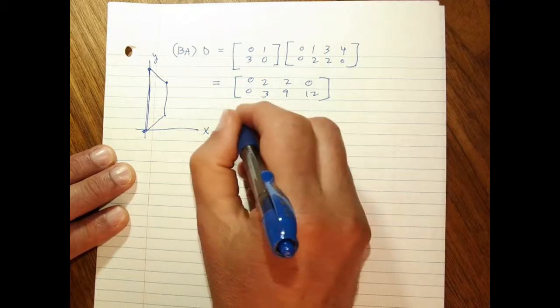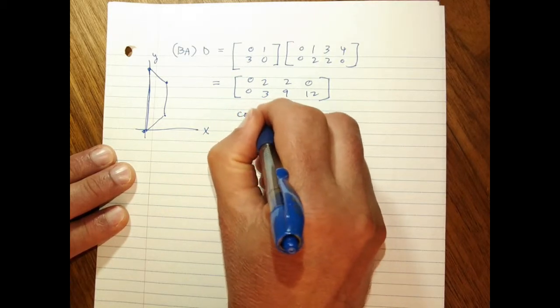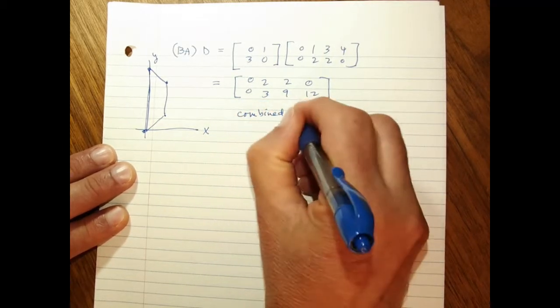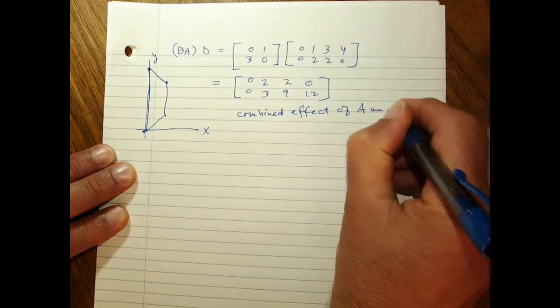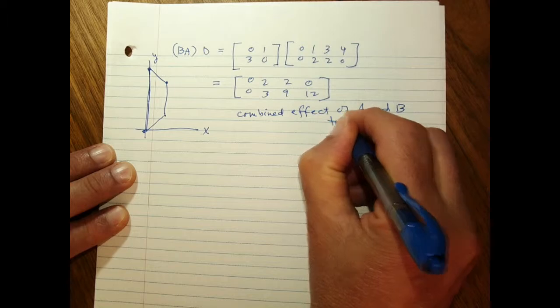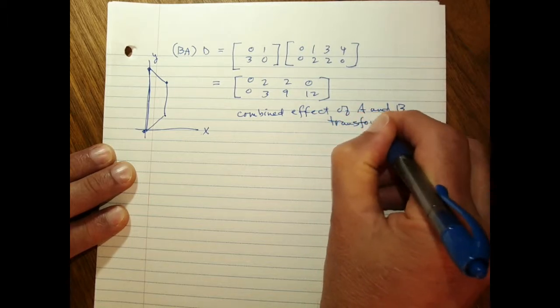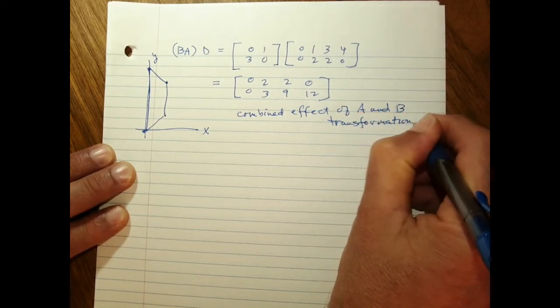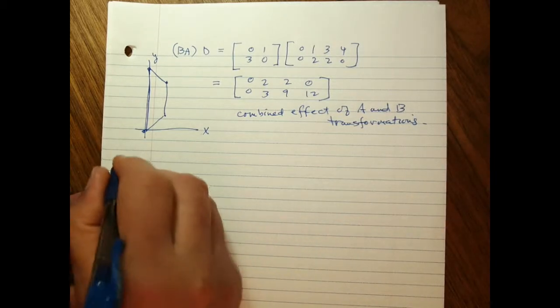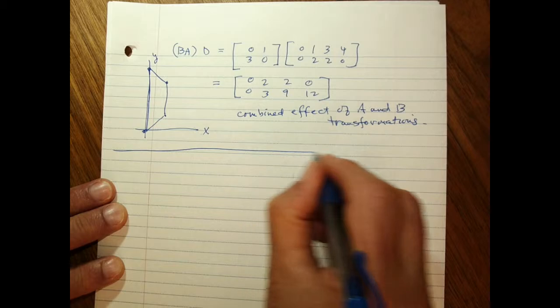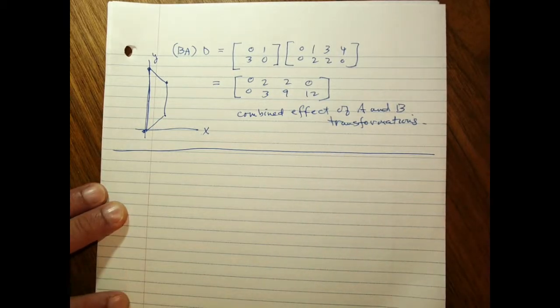So I would say we have the combined effect of A and B transformations. So we see a composition of transformations to put the trapezoid in that position.